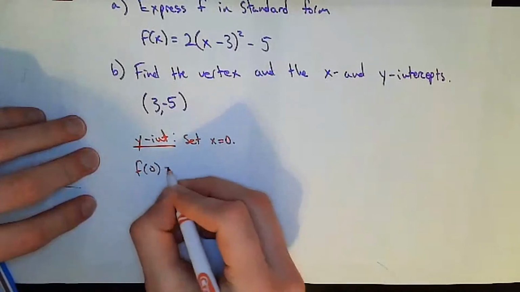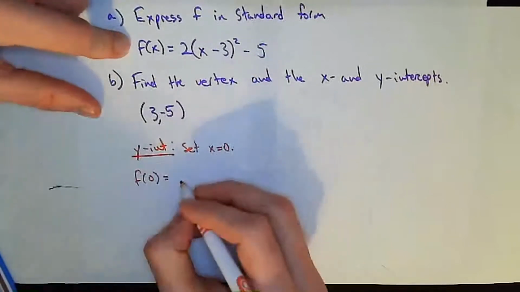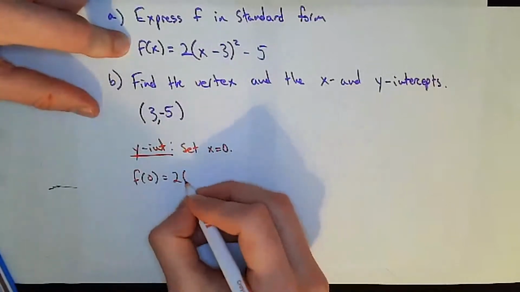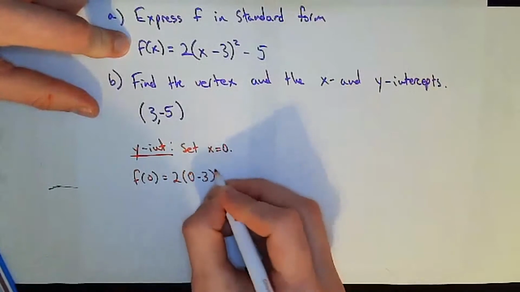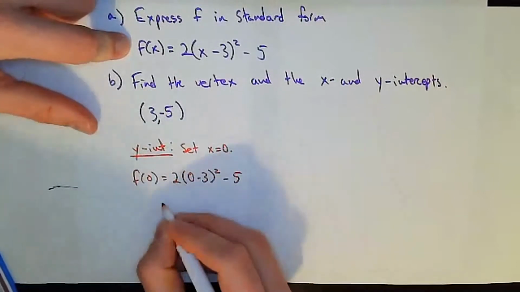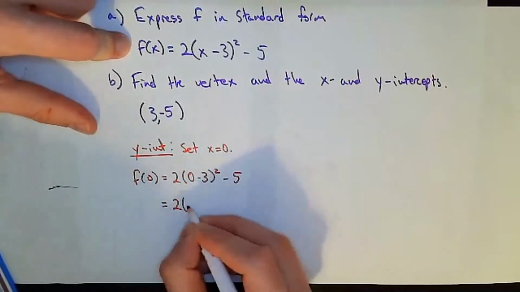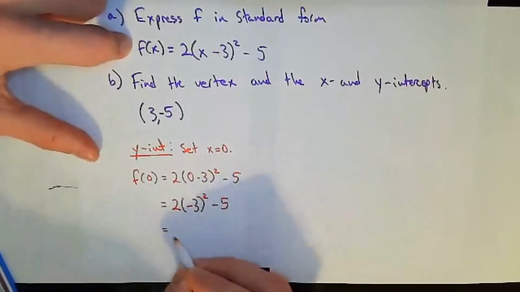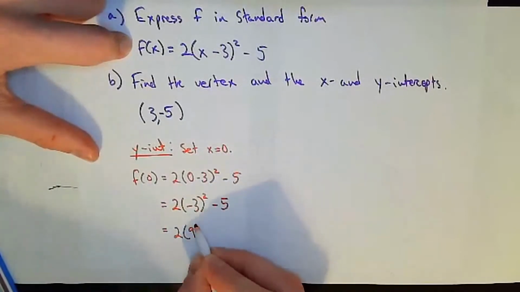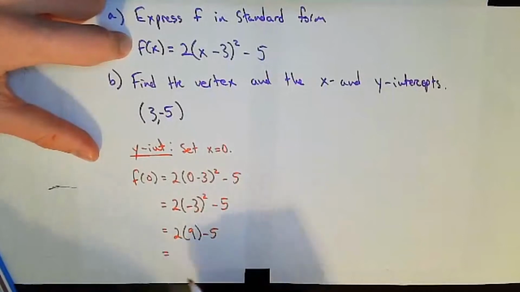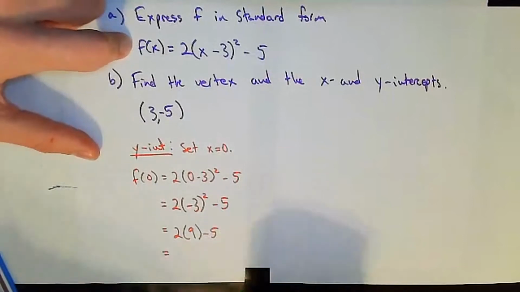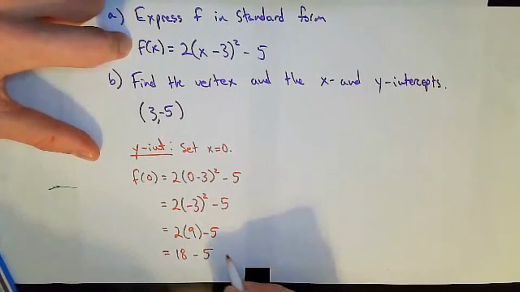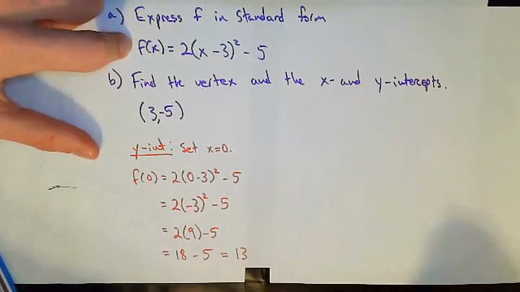So f of 0, setting x equal to 0 here, f of 0 is equal to 2 times (0 minus 3) all squared minus 5. 2 times negative 3 squared minus 5. 2 times 9 minus 5, which is 18 minus 5, which is 13.